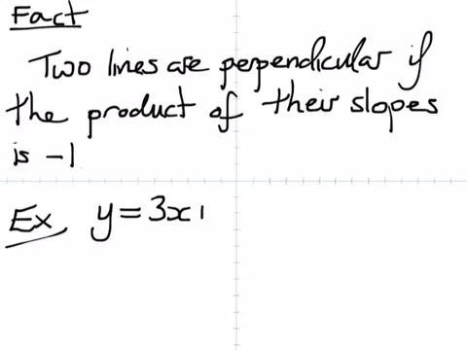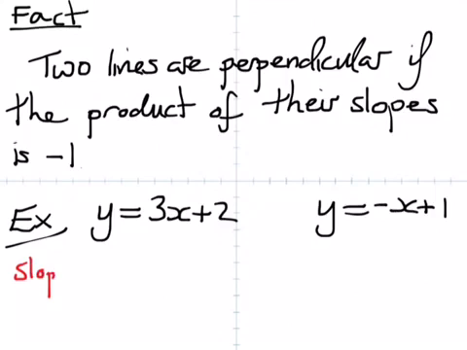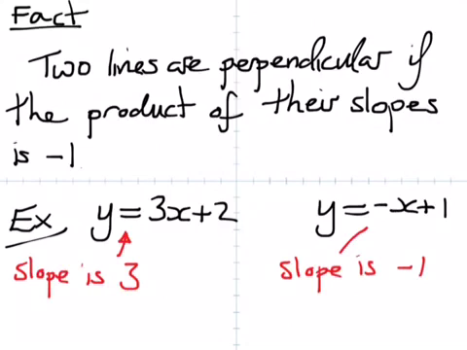Let's look at a quick example. So here we've got two lines, y equals 3x plus 2 and y equals -x plus 1. The slope of the first one is 3, right? Because remember y equals mx plus b, and the m is the slope. And the slope of the second line is -1, right?